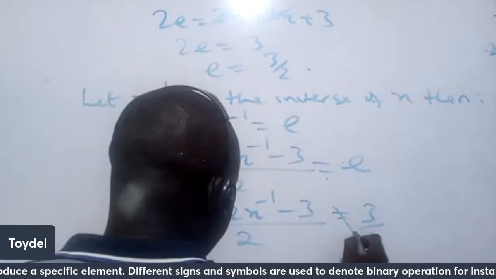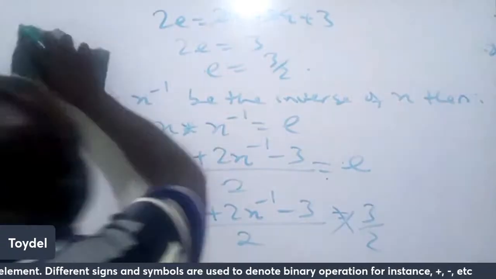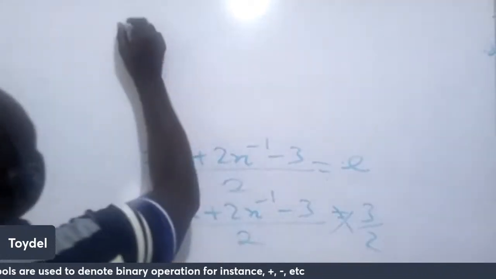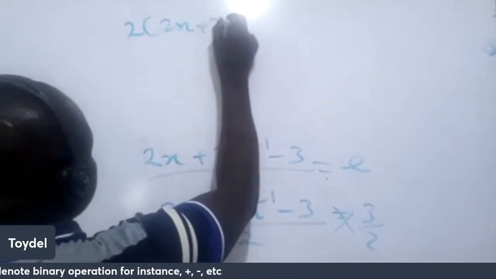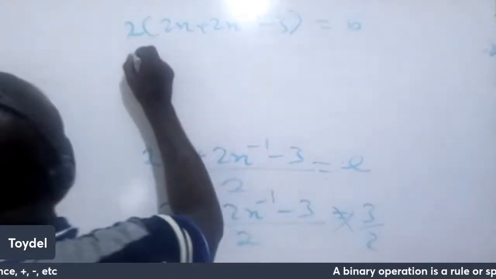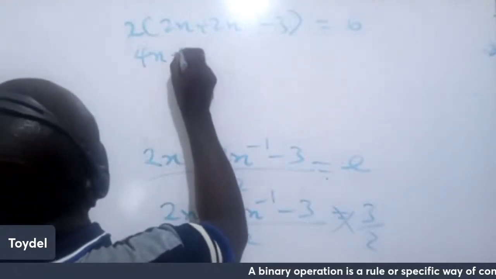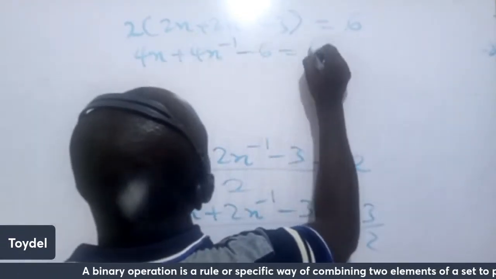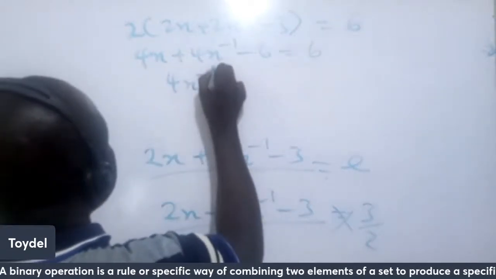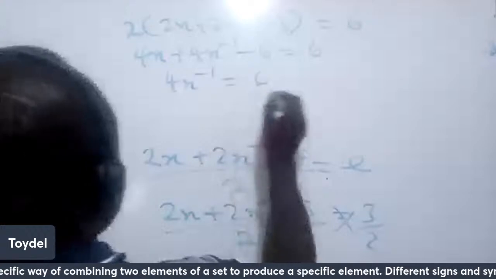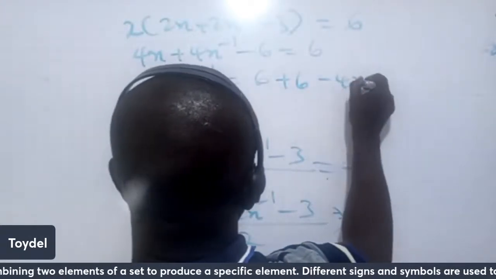So if we cross multiply, we are going to have 2 into bracket 2x plus 2x inverse minus 3 to be equal to 2 times 3, which is 6. So I'm going to have 4x plus 4x inverse minus 6 equal to 6. So 4x inverse, let's make it the subject of the formula, will be 6 plus 6 minus 4x.